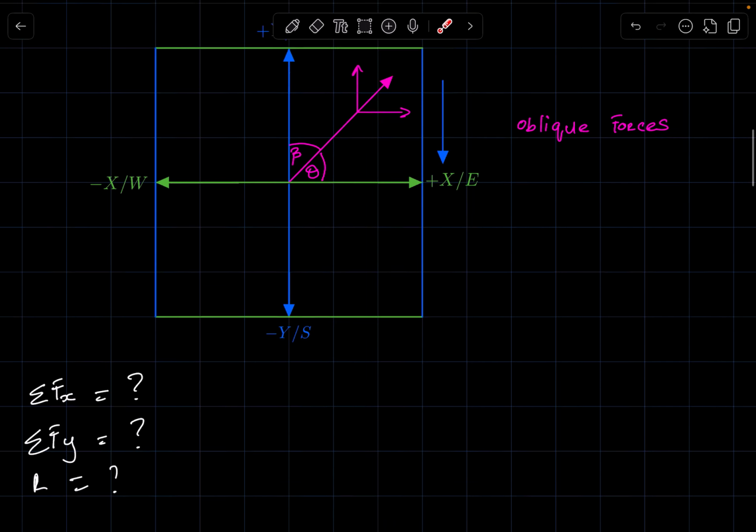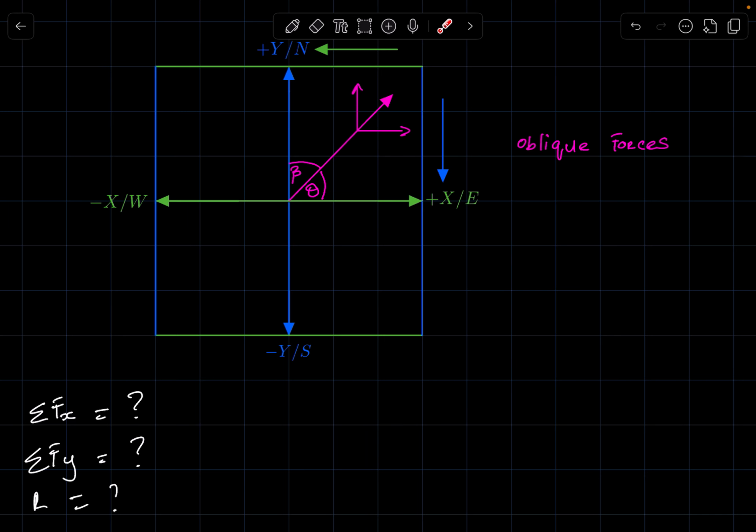Now the components we are able to use in applying conditions of equilibrium. Why? Because the vertical component is parallel with the y-axis, so you are able to consider it here. And the horizontal component is parallel with the x-axis, hence you are able to consider it when applying conditions of equilibrium for the forces acting in the x direction.